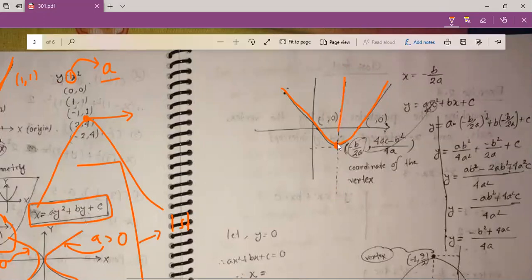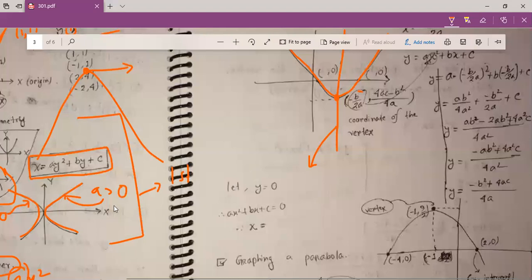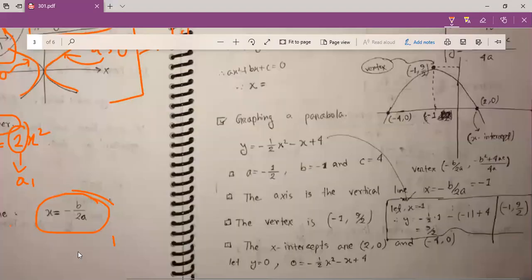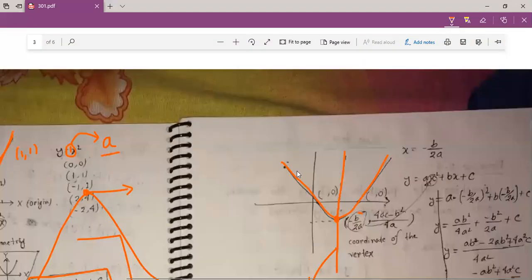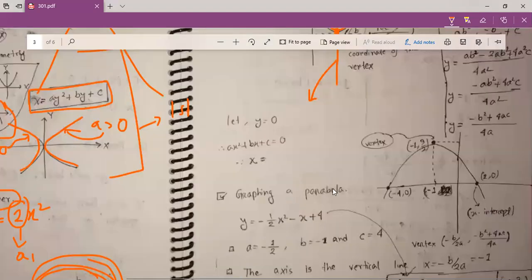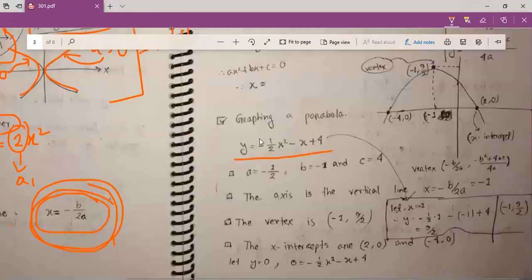Okay, this is our line. We have to find the equation for this line. So x is equal to minus b by 2a. So for example, here is the equation, and this is a, right?